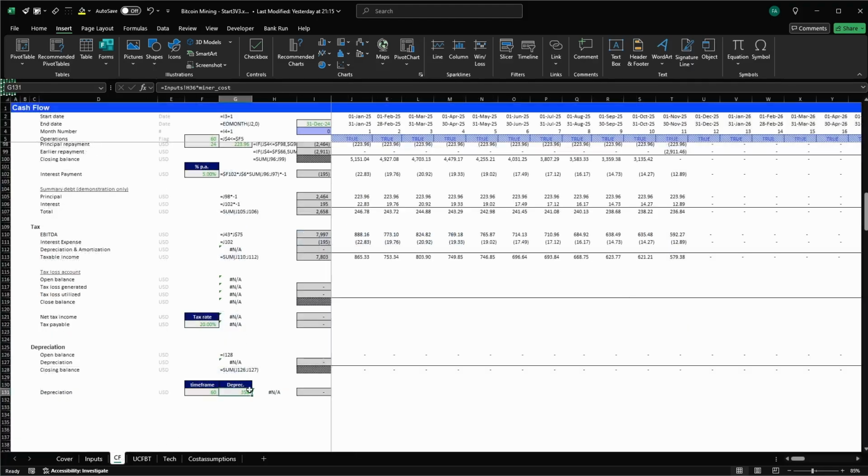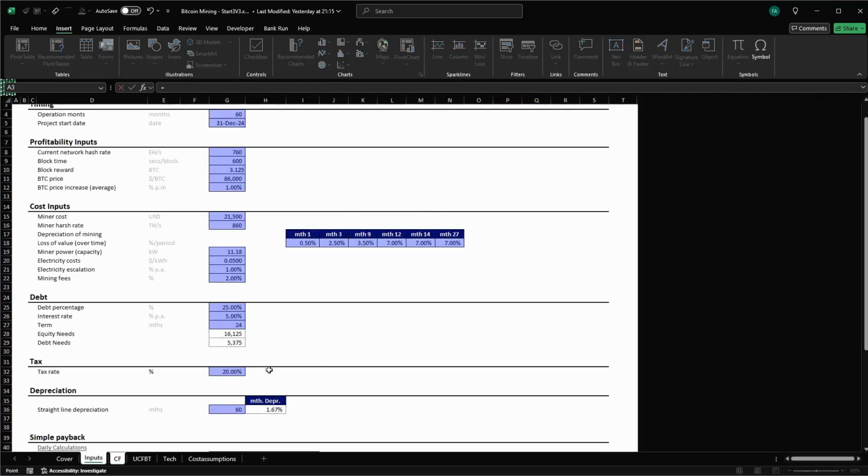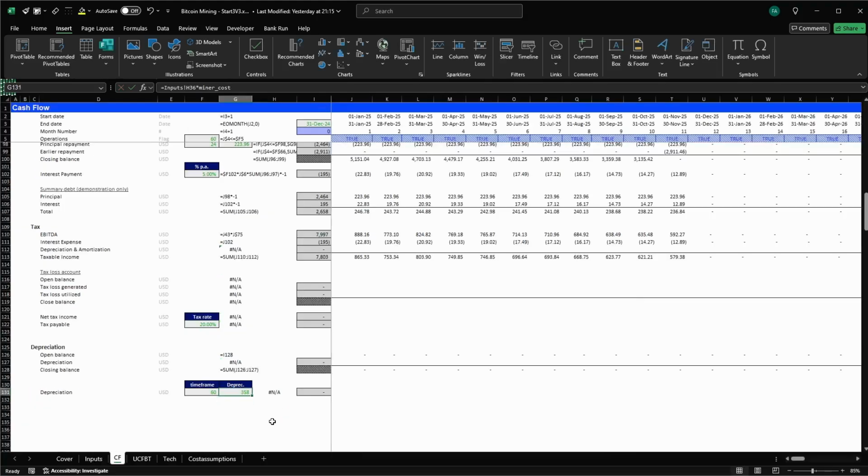Basically what I'm calculating here is how much I can depreciate the asset every single month, which is equal to the percentage we just calculated over here times the mine cost, right? That's basically the calculation I have, which gives us $358 per month.